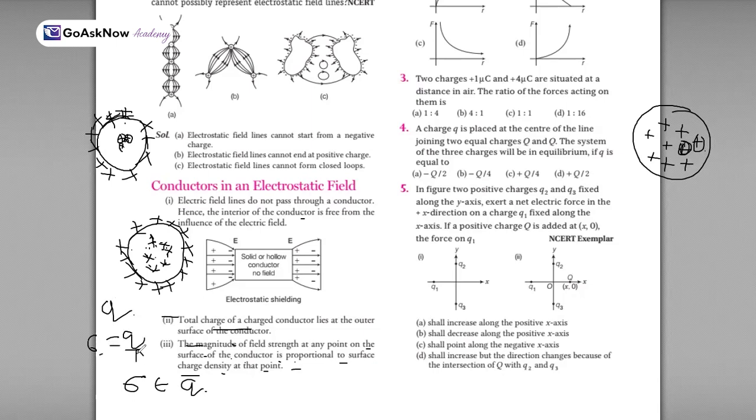Sigma is equal to q by A, and if q is high, then sigma will be high. Similarly, if rho is q by volume, then if q is high, rho will be high. That is already clear. It is an obvious thing. Okay, so let's move further and see what is the next topic.